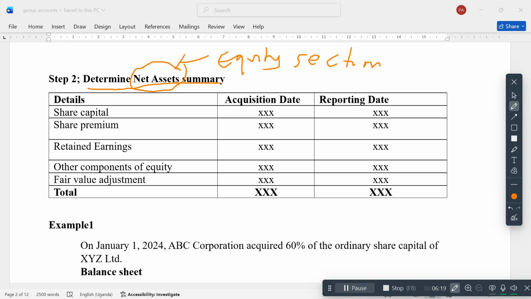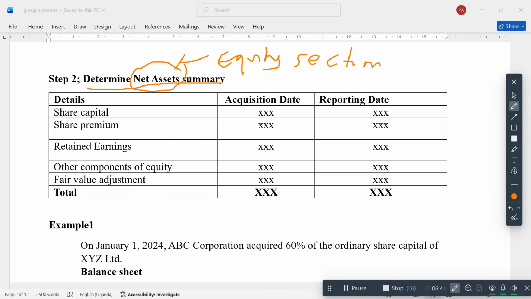Remember, I told you to get this component of net assets, of course, is total assets minus total liabilities. You may not do that in your exam. You just need to go to the balance sheet given to you for the subsidiary or for the associate. Remember, we are doing this adjustment for the subsidiary or associate, the company you are acquiring.